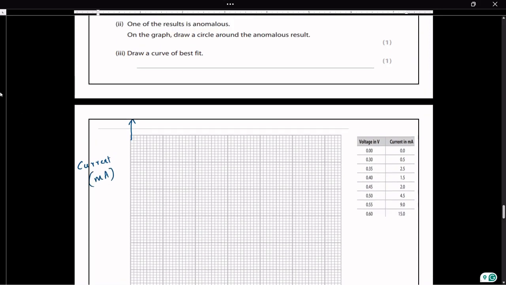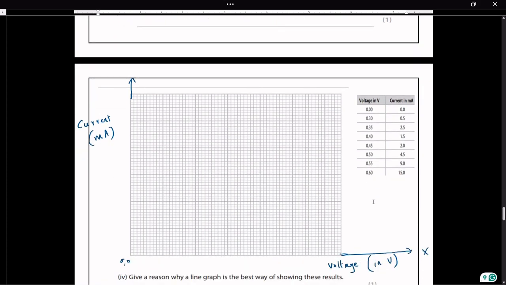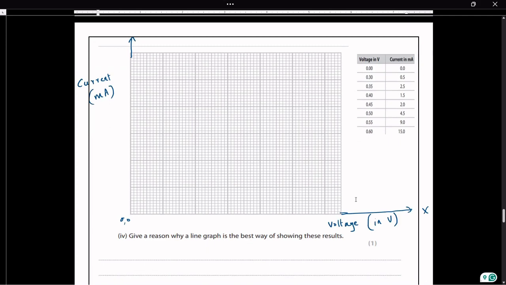Now next, let us decide the scale. The voltage is varying from 0 to 0.6. I think each one can be taken as 0.1.